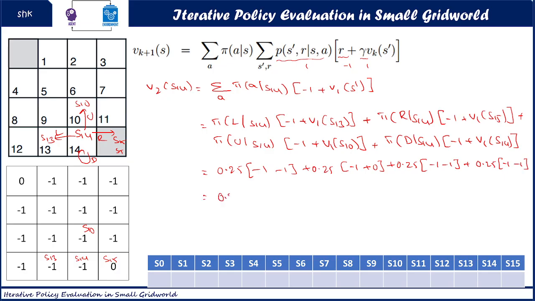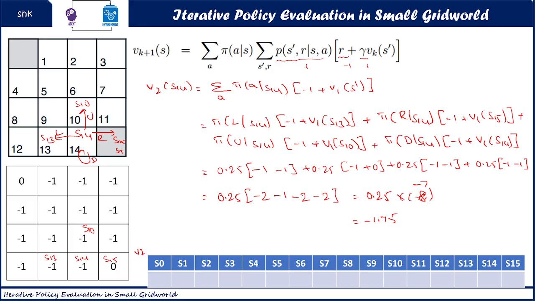Taking 0.25 as common factor, we get minus 2, minus 1, plus 0, minus 1, minus 1, minus 1, minus 2, minus 1, minus 1, minus 2, which is 0.25 into minus 8. Sorry, this is minus 7, which is equivalent to minus 1.75.